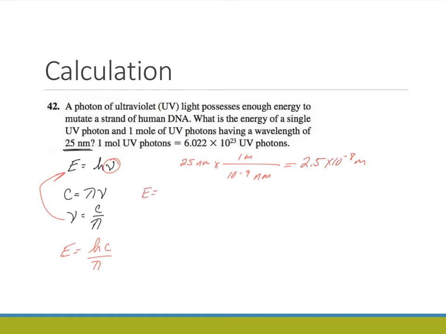E is equal to 6.626 times 10 to the minus 34 joule seconds, that is my value for h, times my value for the speed of light, 3.00 times 10 to the 8th meters per second, over my wavelength of 2.5 times 10 to the minus 8th meters. And I'm going to get an answer in joules.